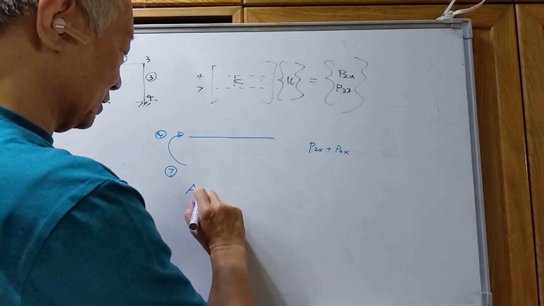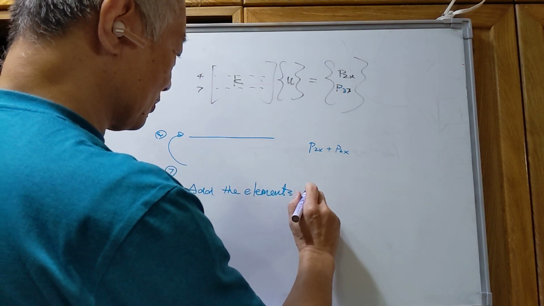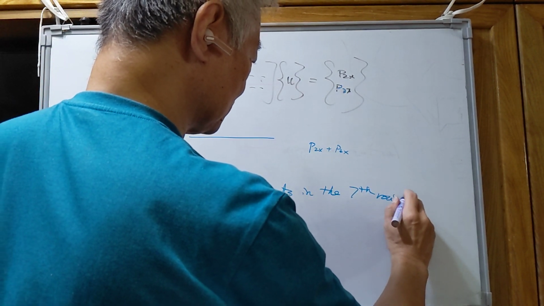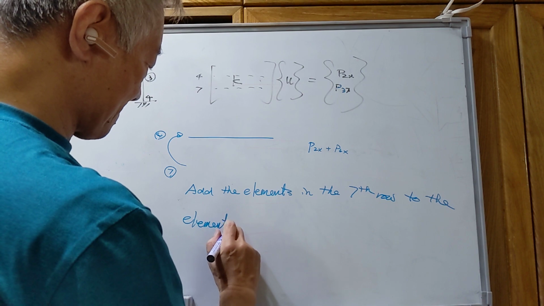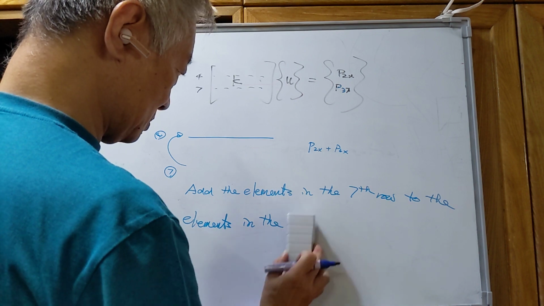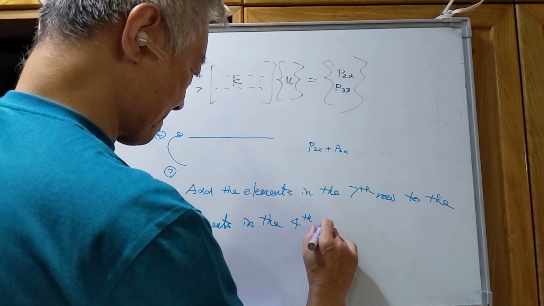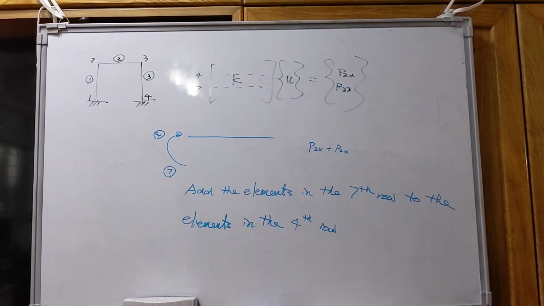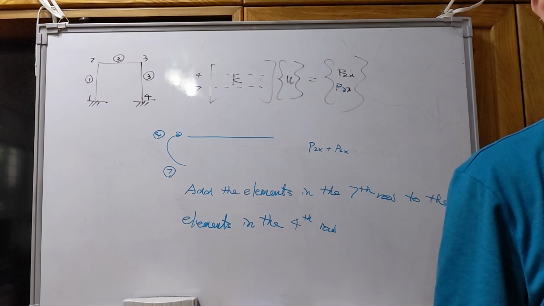Okay, so you need to add the elements in the seventh row to the elements in the fourth row.